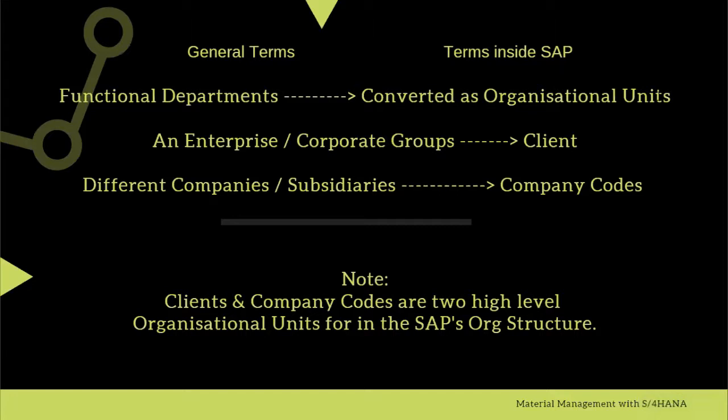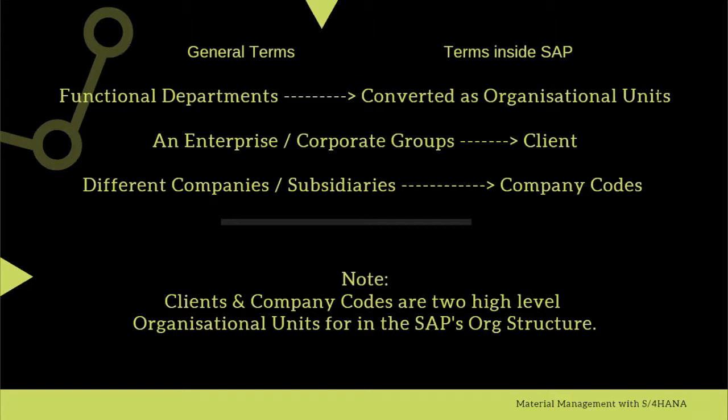Adding to it, we call a company by different terms. You can call it an enterprise, a corporate group, or anything else like a factory, or if that is the head, you can call it that way. But inside the SAP system, we call them a client.